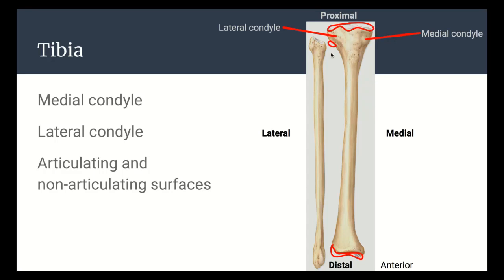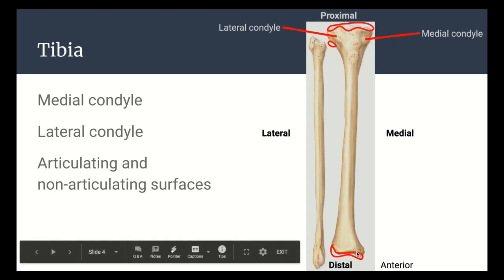Now we have the articulating and non-articulating surfaces of the tibia. So these are just general terms. Articulating means that it's going to be contributing to movement at a joint. So like we just talked about here, you can imagine your femur is lying just proximal to this tibia. So this would be an articular surface. So the proximal articular surface of the tibia, and then we also have a distal articular surface of the tibia.